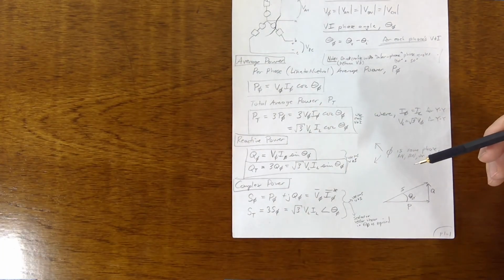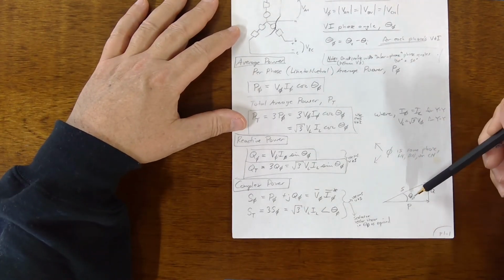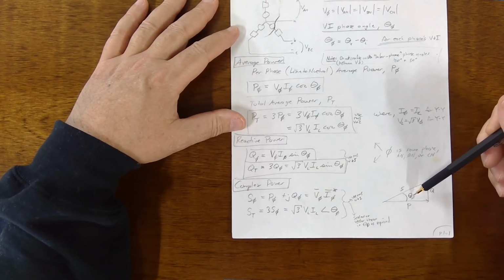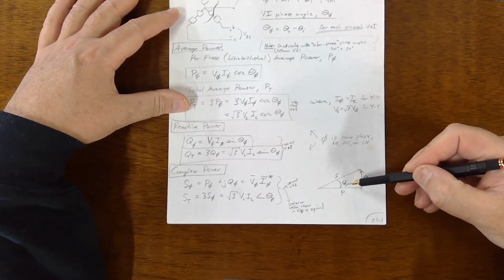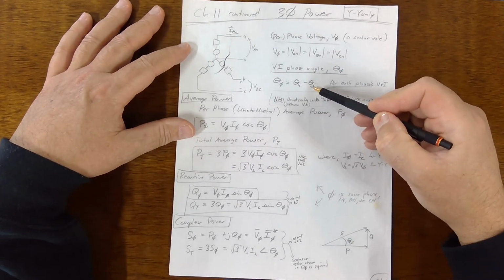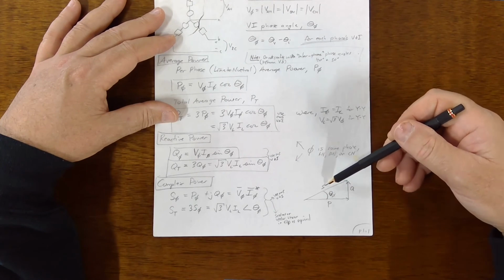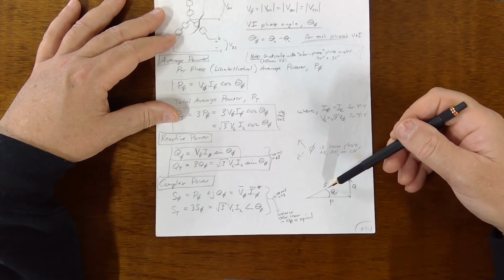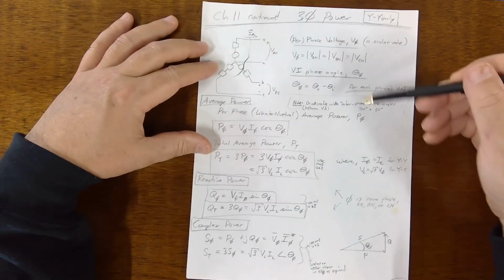But that phase angle shows up in the power. It's a little freaky. See, this is theta sub phi. This is the phase angle between the voltage and the current. But that shows up in just the power calculation. Okay, it's a little freaky, but keep these straight, all right?